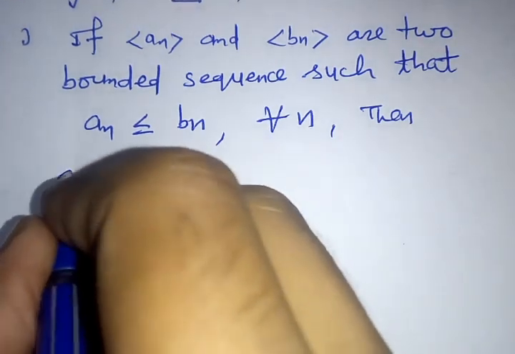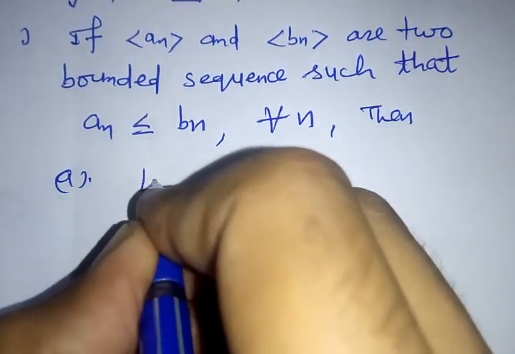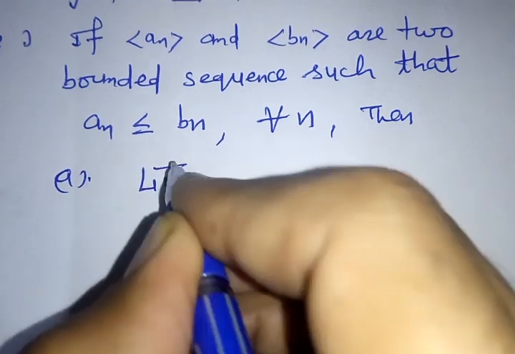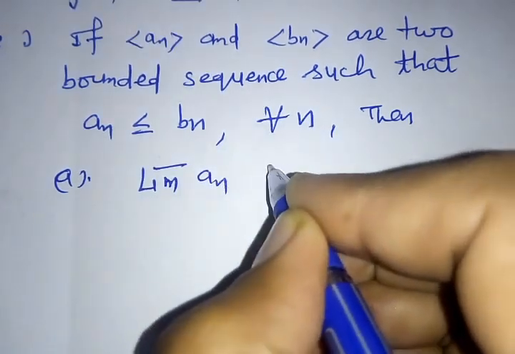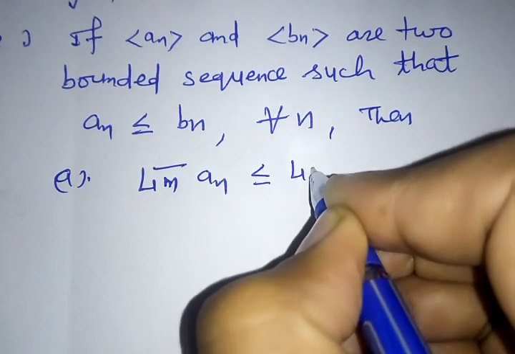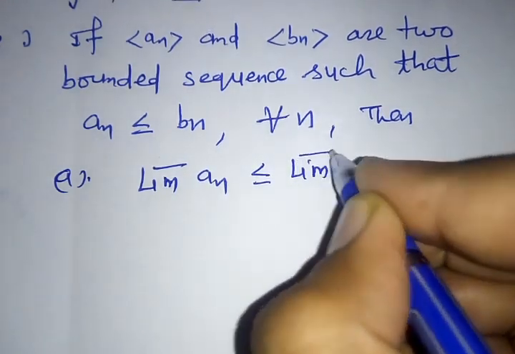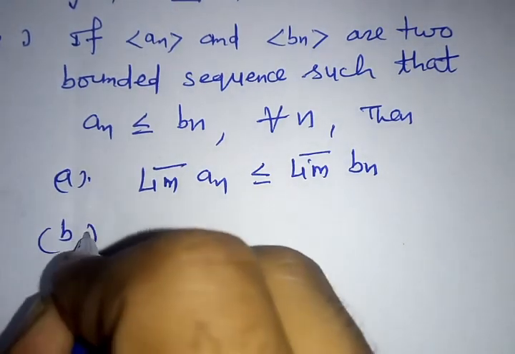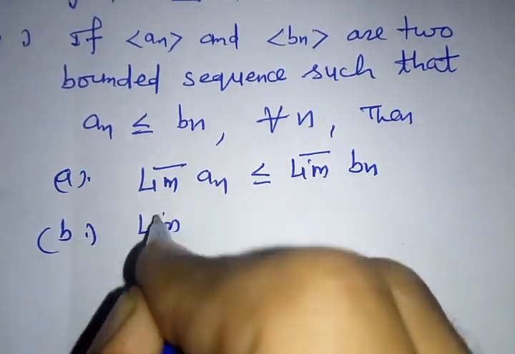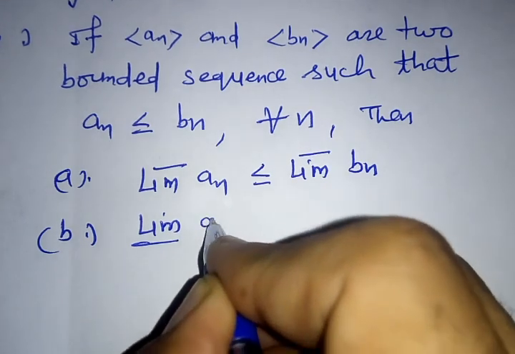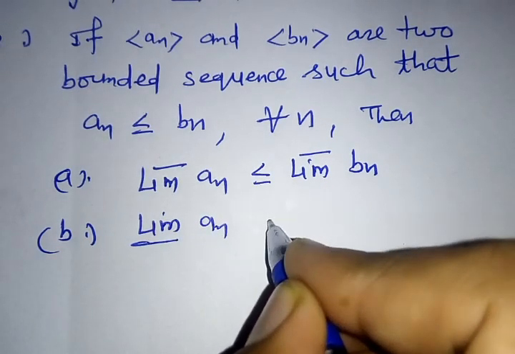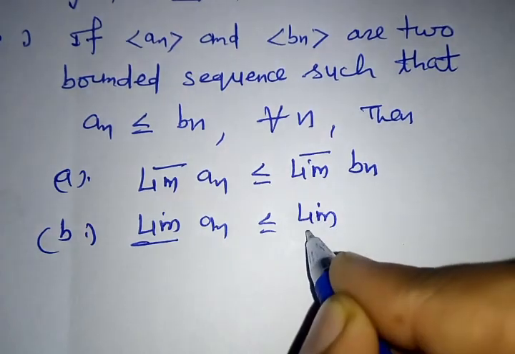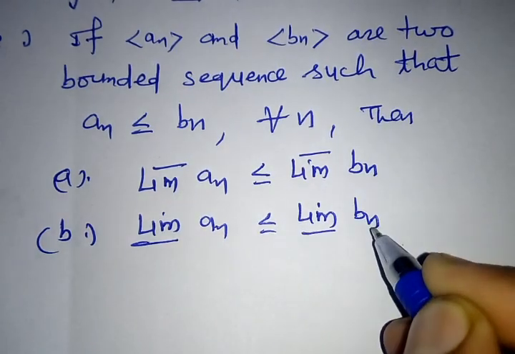Then, part a: limit superior of an is less than or equal to limit superior of bn, and part b: limit inferior of an is less than or equal to limit inferior of bn.